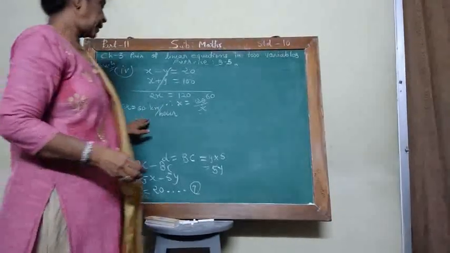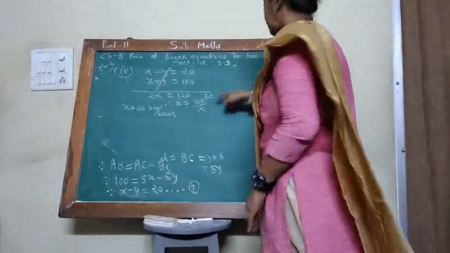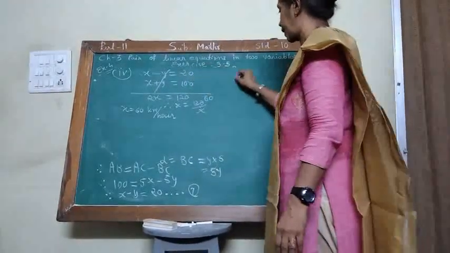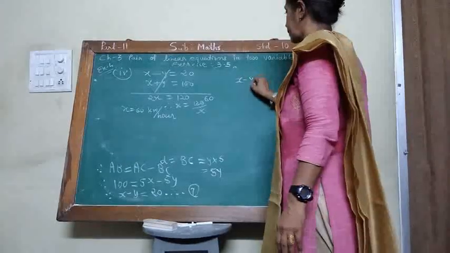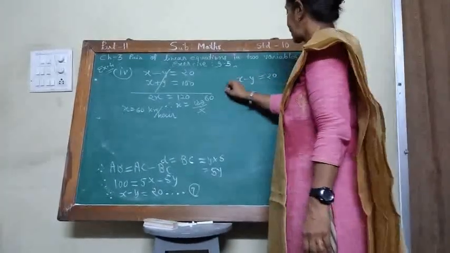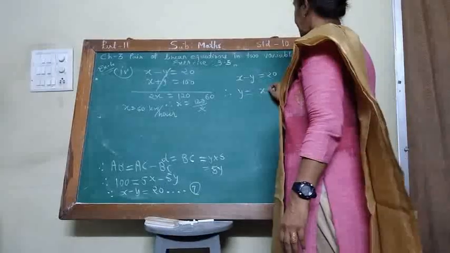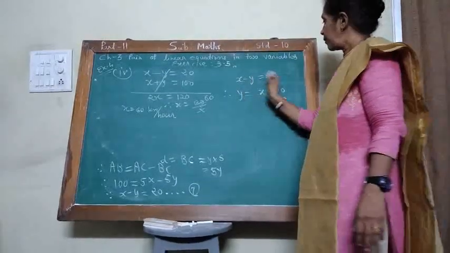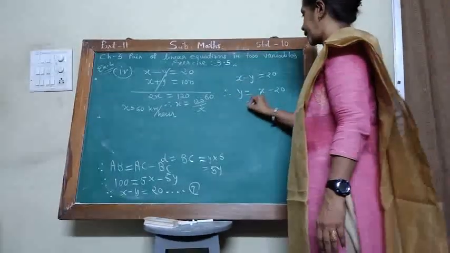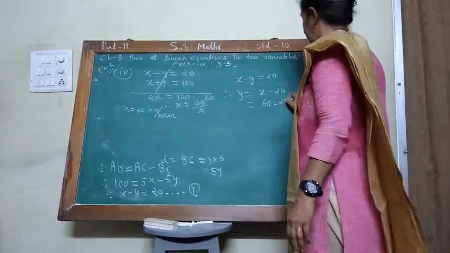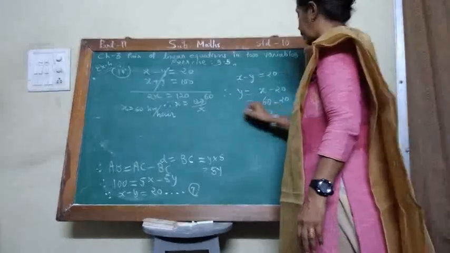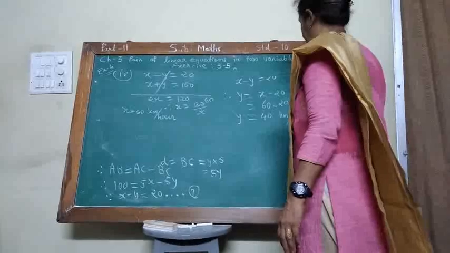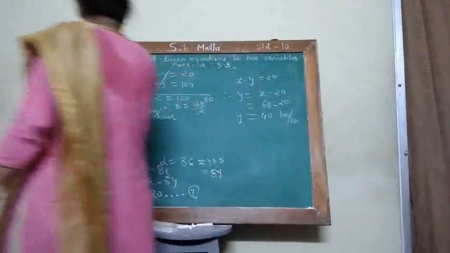Now substitute x equal to 60 in any equation. I substitute in equation 1. So y is equal to x minus 20, that is 60 minus 20, which is equal to 40. So y is equal to 40 kilometer per hour, the speed of car 2.